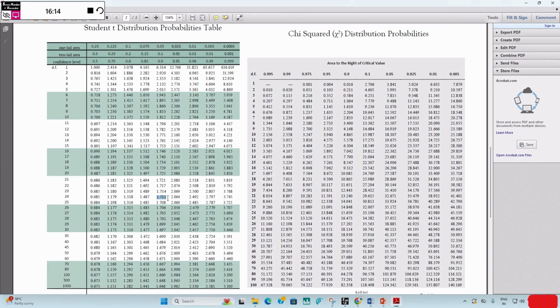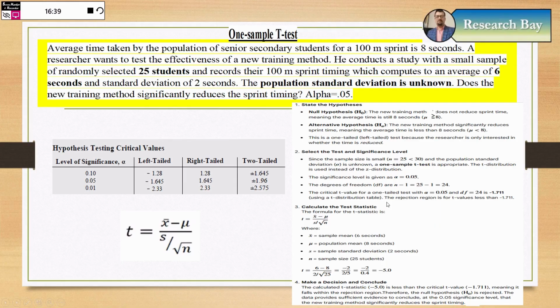In case the calculated value is outside the range of minus 1.711, in that case, we can reject the null hypothesis and go with the alternate hypothesis. And now you see the value which we got is minus 5 after the calculation.